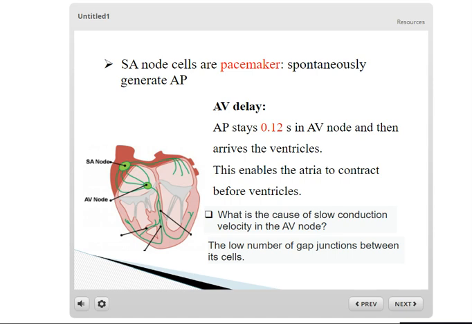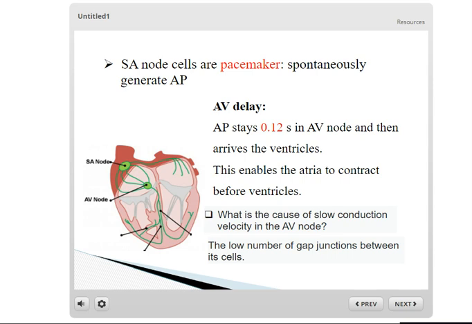The AV delay enables the atria to contract and complete their filling of the ventricles before the ventricles start to contract. This ensures that the blood from the atria is effectively pumped into the ventricle before the ventricular contraction occurs.